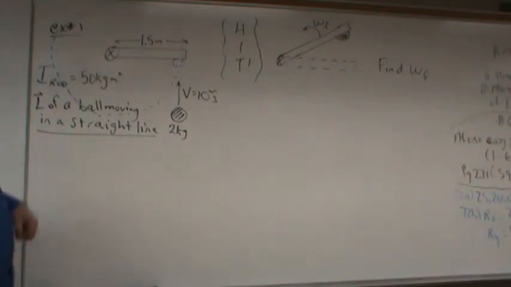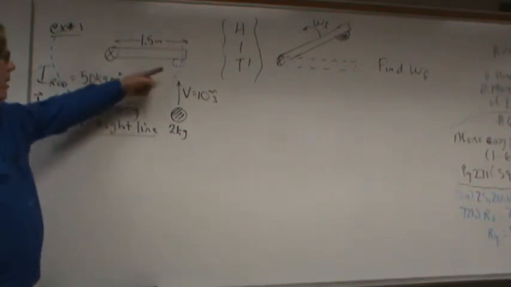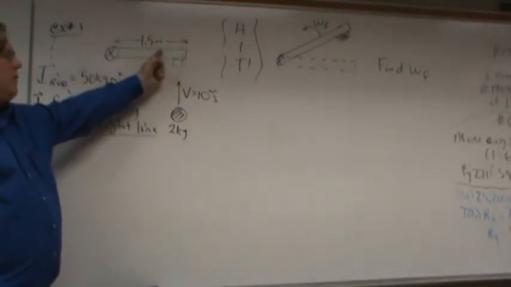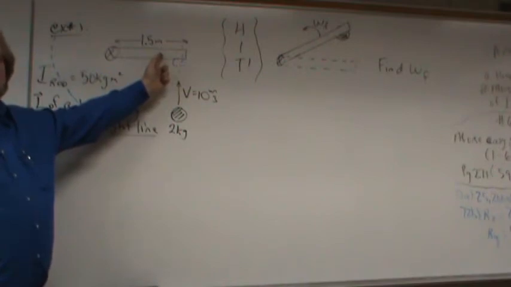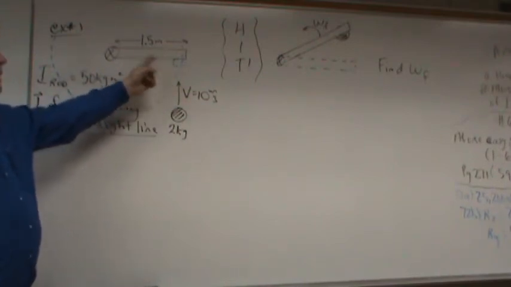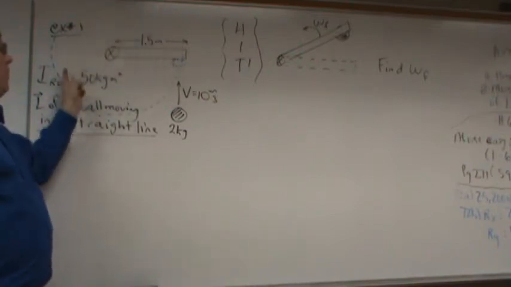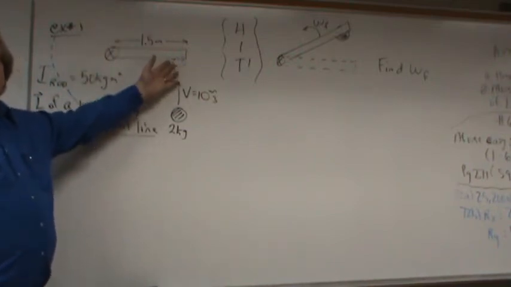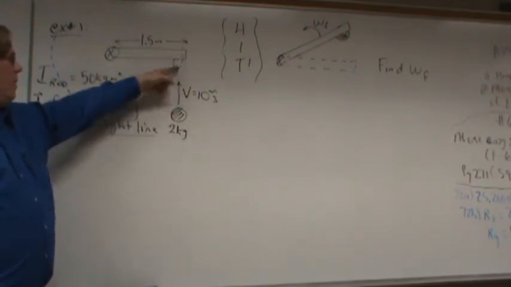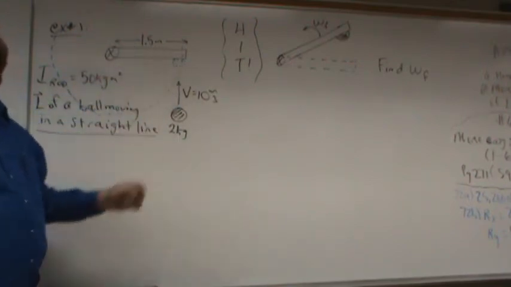So you get this weird situation that the radius of rotation of this ball moving in a straight line is determined by what it's about to hit. It's not determined by the ball itself, it's determined by what it's about to hit. It's about to hit something that's rotating at 1.5 meters, so as far as we're concerned, the radius of rotation of this ball moving in a straight line is actually 1.5 meters.